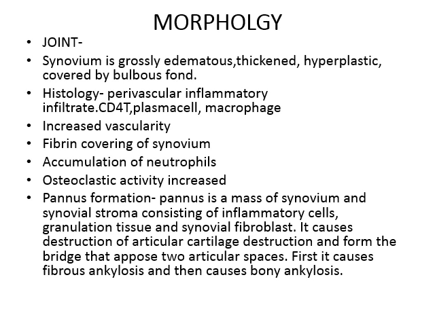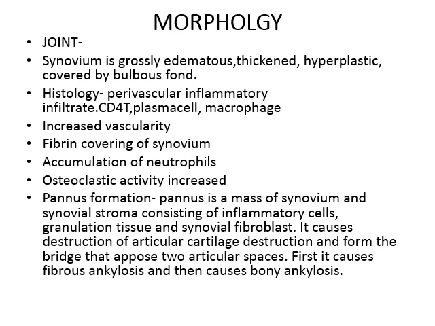And what is pannus? Pannus is a mass of synovium and synovial stroma consisting of inflammatory cells, granulation tissue, and synovial fibroblasts. It causes destruction of articular cartilage and forms the bridge that opposes two articular spaces. First, it causes fibrous ankylosis and then causes bony ankylosis.